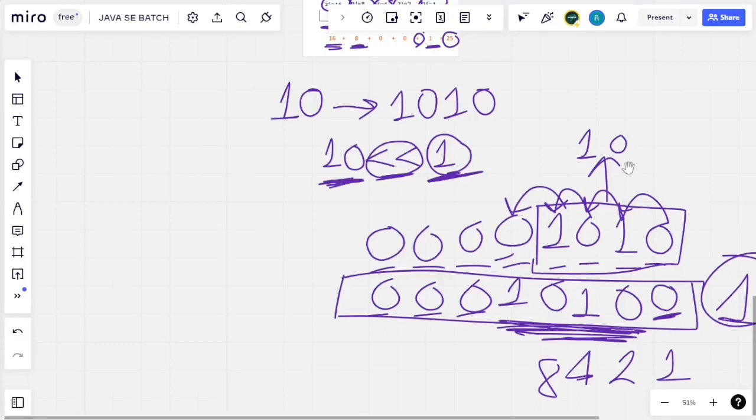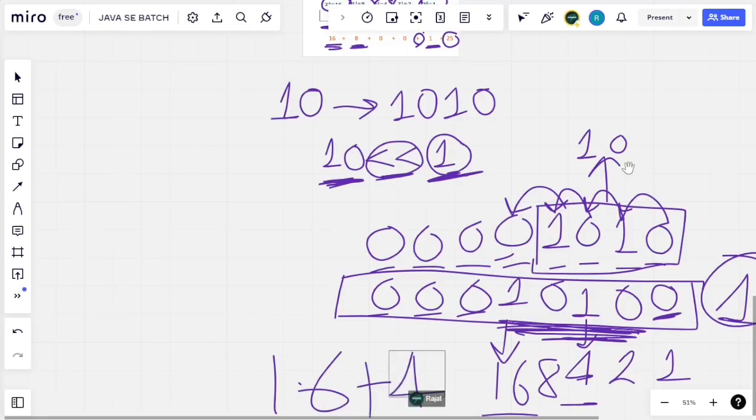And this will be 2 raised to power 4, which is 16. Right? So now we will consider only the weights where there is a 1, which are 16 and 4. When you add these two, 16 plus 4, which equals 20, right? So 16 plus 4 is 20.